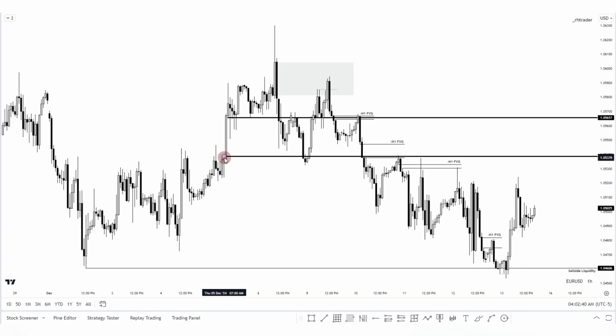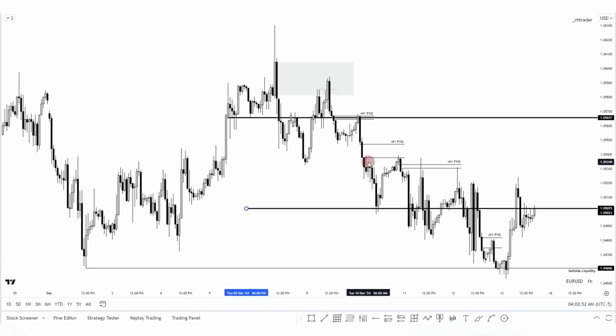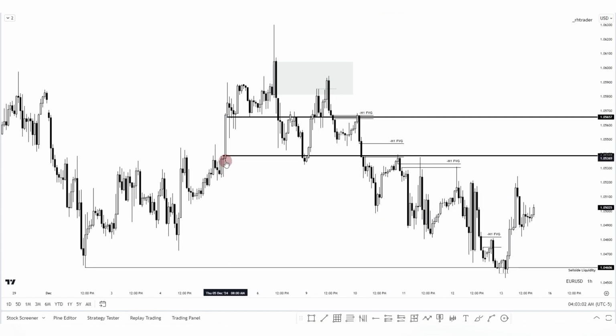So when I mark out the discount level of this gap, price comes here, taps it right there in Asia. Okay, that is algorithmic. Again, price came here into this bearish fair value gap, and that's what everyone sees, right? You have the dealing range comes here. But this is what price is also referring to.